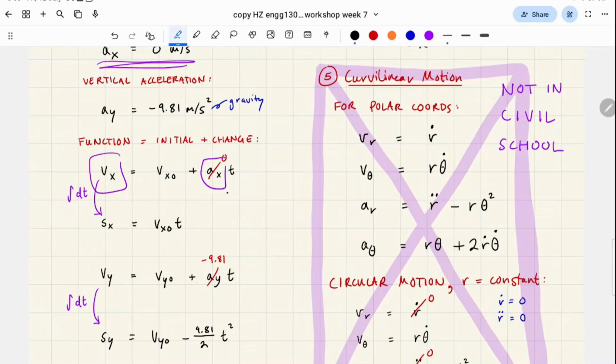Acceleration is dv/dt, multiplied by time, so I just call it acceleration multiplied by time, right? In the horizontal direction, that's 0. So essentially our horizontal velocity is just equal to our initial velocity. That's just set. As you fire a cannonball out of a cannon, that speed just stays as its horizontal speed the entire time, right?